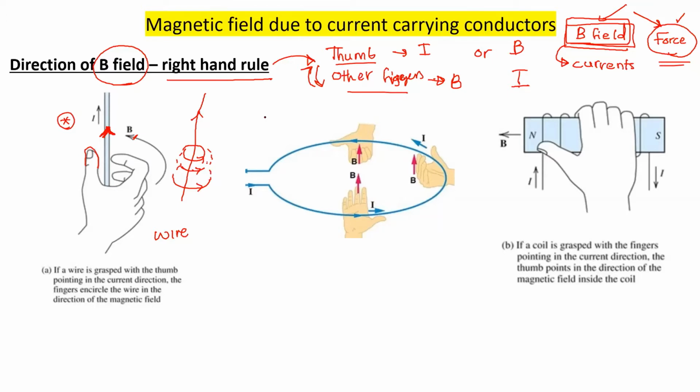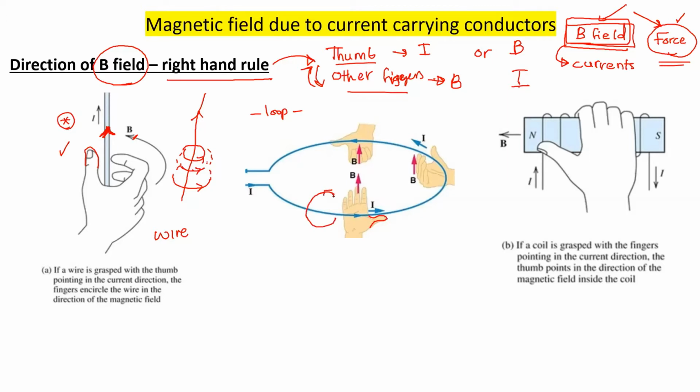Okay, here we have a loop. In this one, can you see that the direction of current changes from place to place? Because it's a circle, right? So you can do the same thing that we did here. That's what I have done here. See, my thumb is facing this way and these are my fingers. So you can see that your B field is something like this.